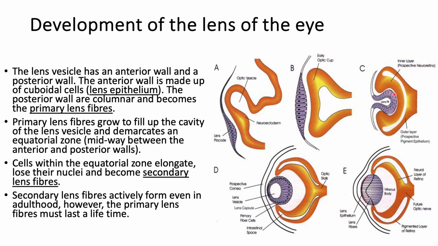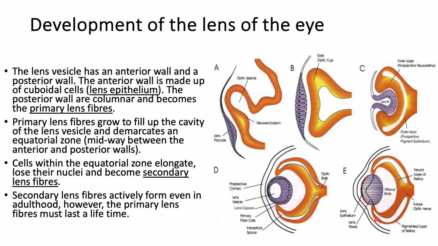You can also see that the developing lens, which is the lens vesicle, is in close association with the inner layer of the retina. However, as time goes on, a space appears between the developing lens, for that matter the posterior portion of the lens, and the inner portion of the retina, which becomes the vitreous body.